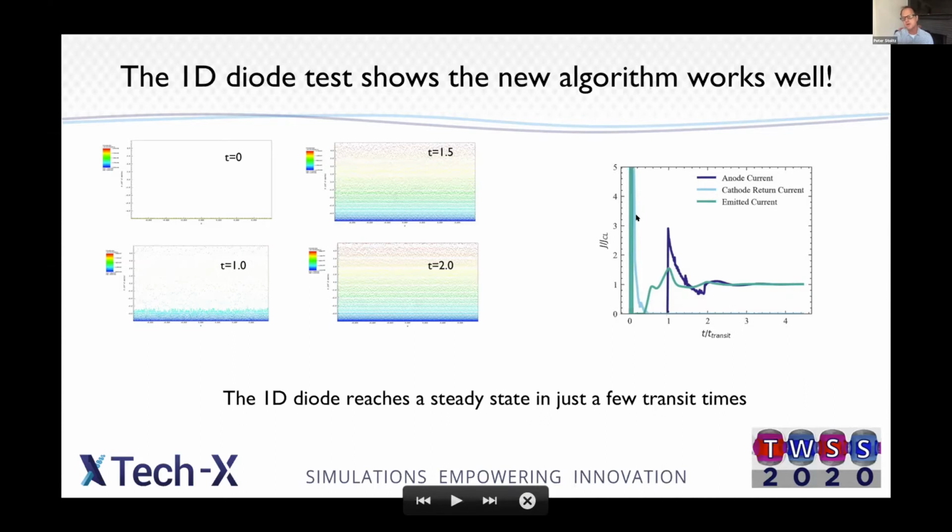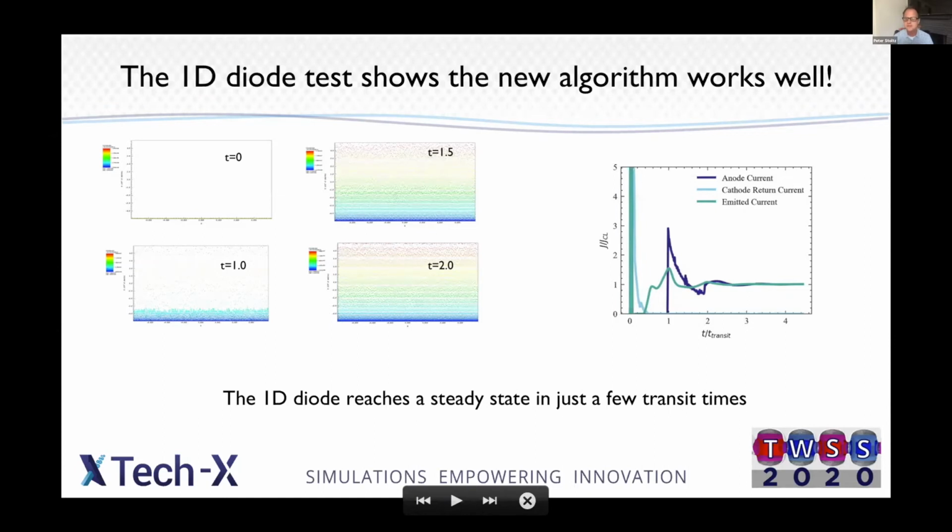A lot of current initially gets pushed back to the cathode. That's the light blue curve, but that actually stops by about a half a transit time. And things settle in actually pretty nicely, right? There's a little bit of a spike at the anode that's related to that initial surge of particles, but that goes away. And by 2, for sure by 3 transit times, you're in a nice steady state.